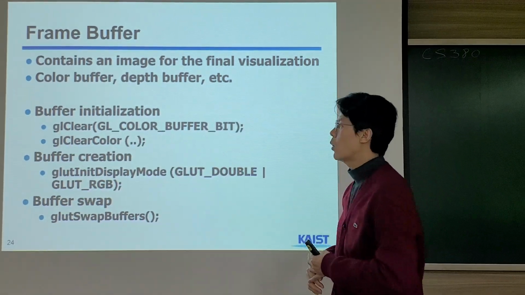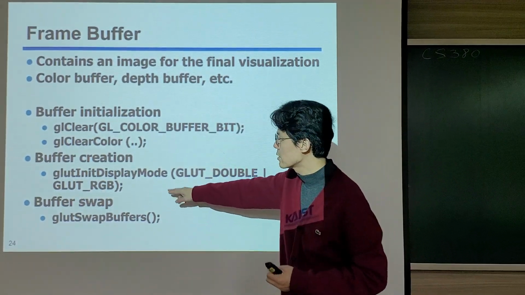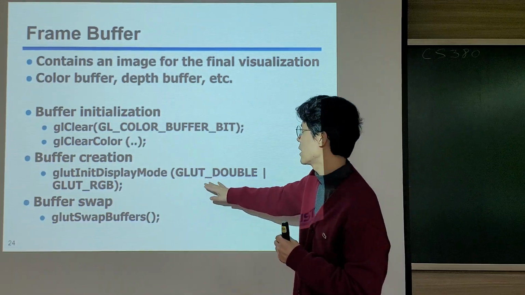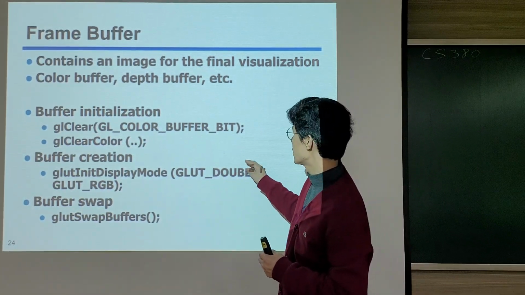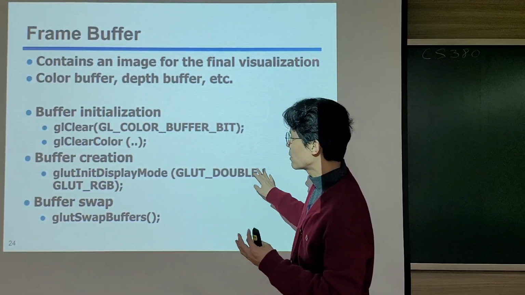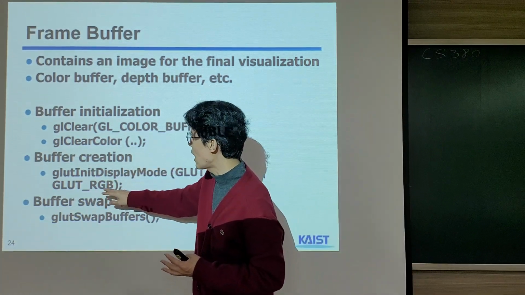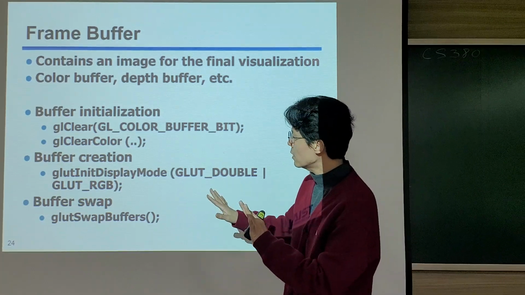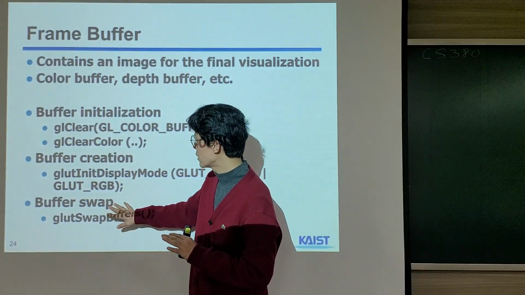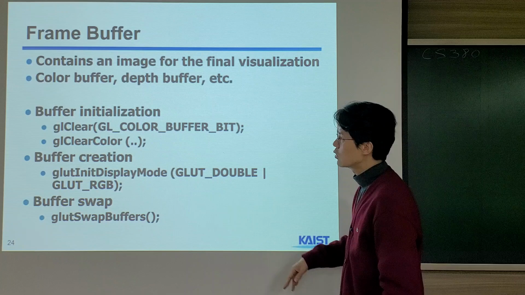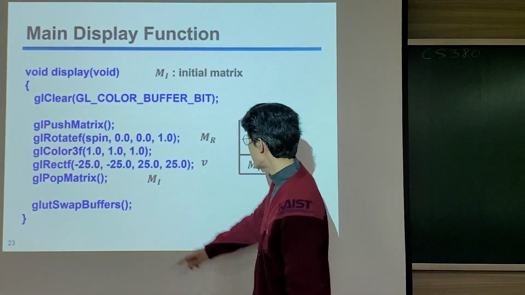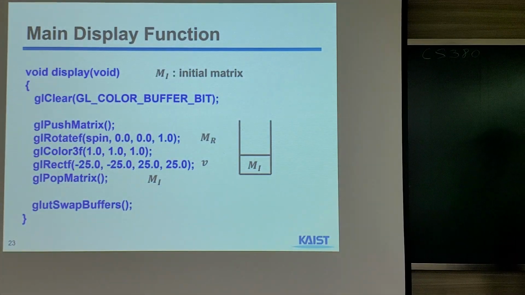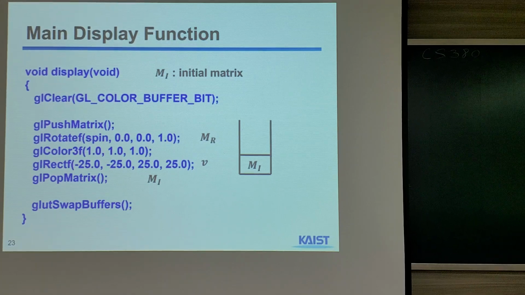Also, we can call the buffer creation by calling glutInitDisplayMode, GLUT_DOUBLE. Basically, it has a double buffer, with each buffer having the RGB component. And then typically we perform this swap at the end of this display function. We call this swap buffer. Let me explain why we actually have a double buffer.